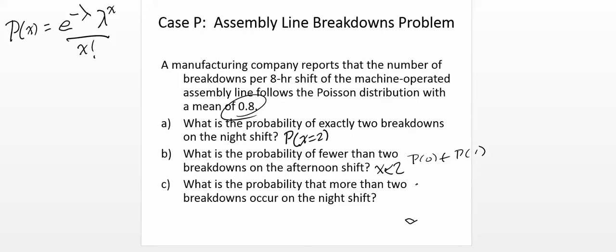The probability that x is more than 2 can only be obtained from 1 minus the probability of 0 plus the probability of 1 plus the probability of 2. So we add up those three and subtract the total from 1, and we'll have the answer for part C.